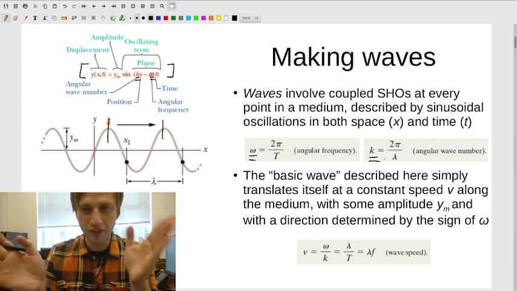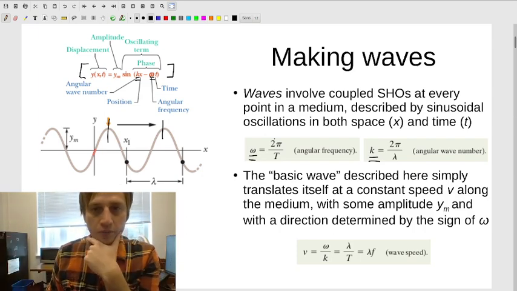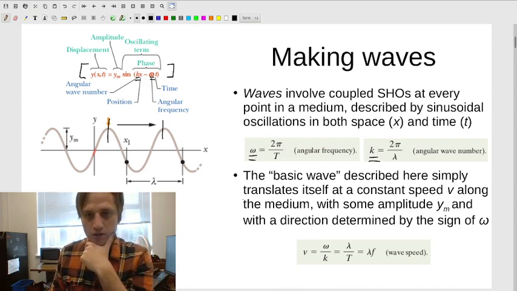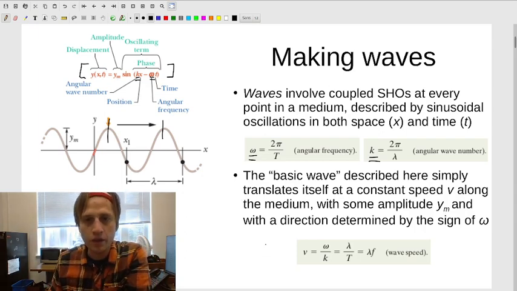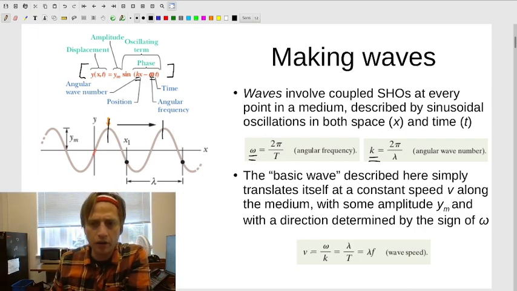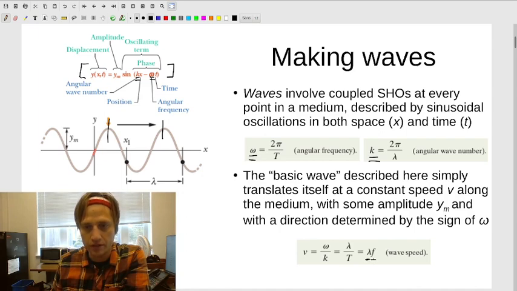And then we have to put factors of 2 pi in those to make this work nicely with the sine function. What we learned at the end of our last video was that we could talk about our speed in terms of omega and k, or more familiarly, just in terms of the wavelength times the frequency. And this is what physicists would call the phase velocity of the wave.